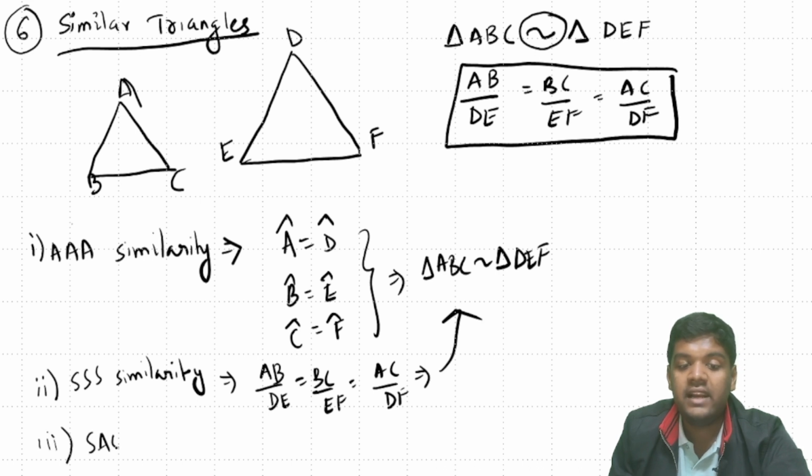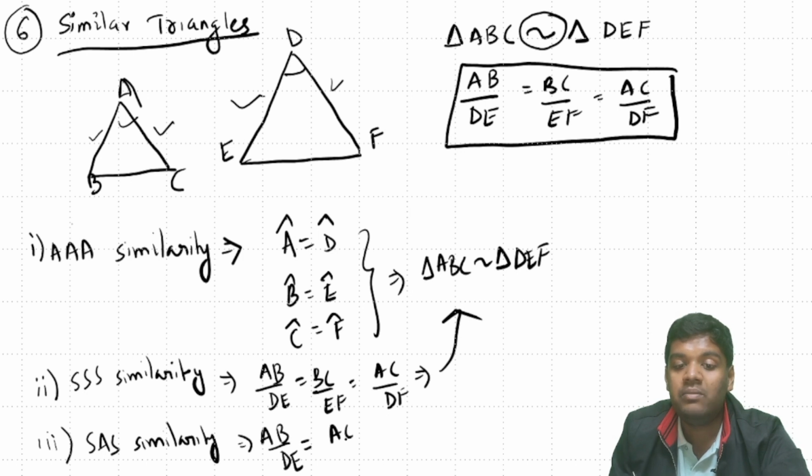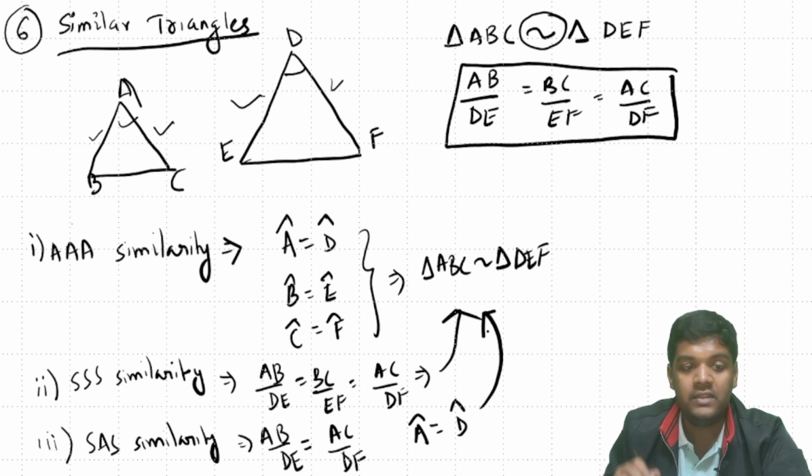Next is side-angle similarity. If the ratio of two sides of the two triangles and the angle between them are equal, then the two triangles are similar. For example, here if we say AB by DE equals AC by DF, and the angle between them, which is angle A equals angle D, then we can say that the two triangles are similar, right?